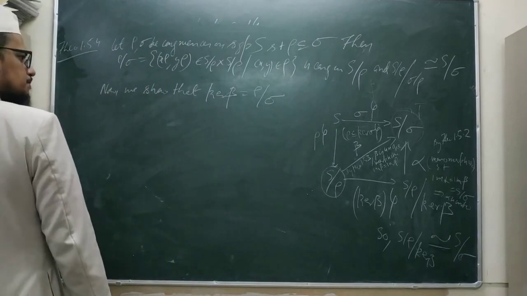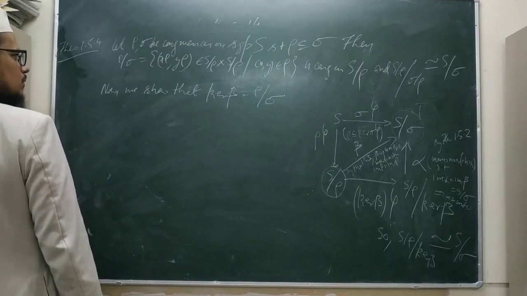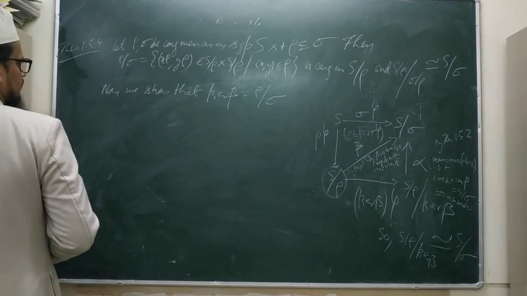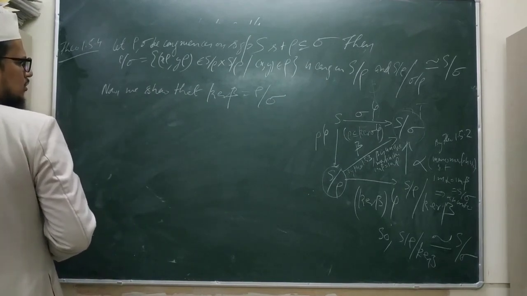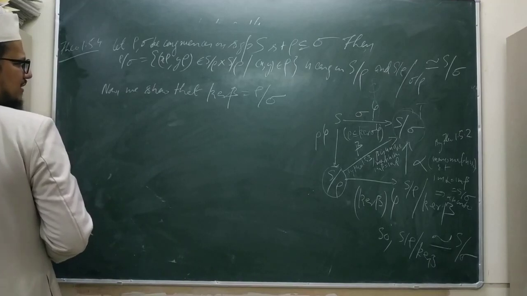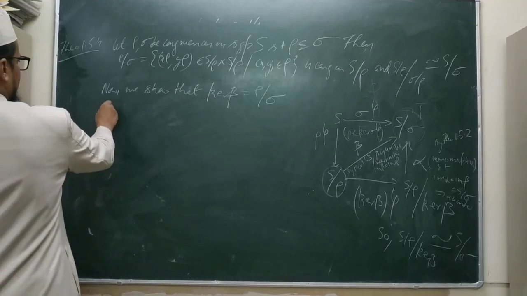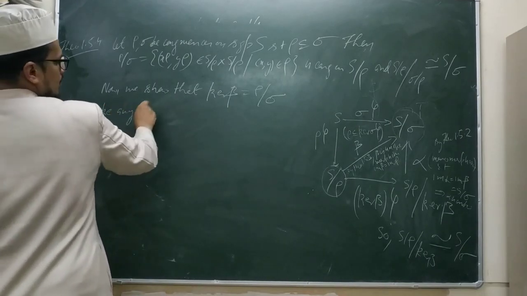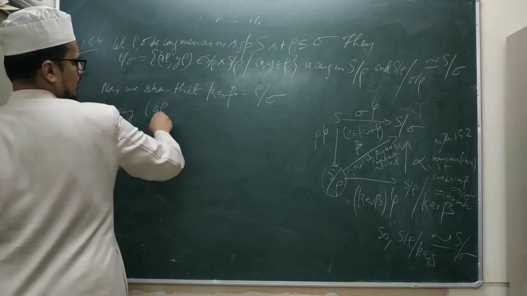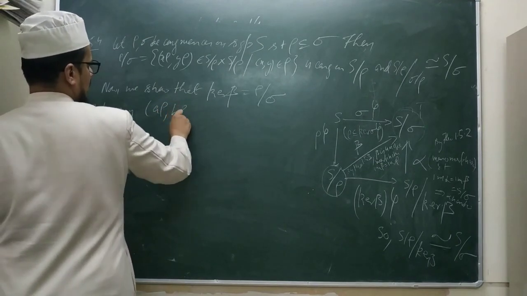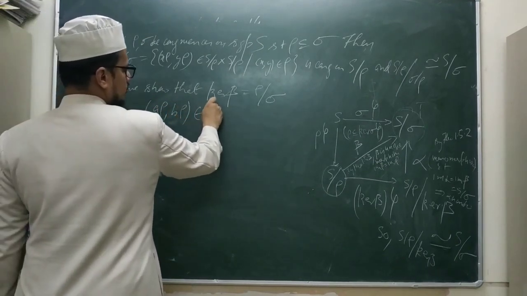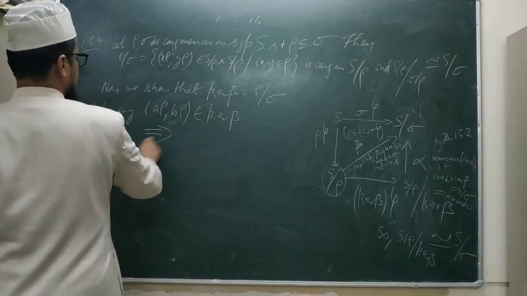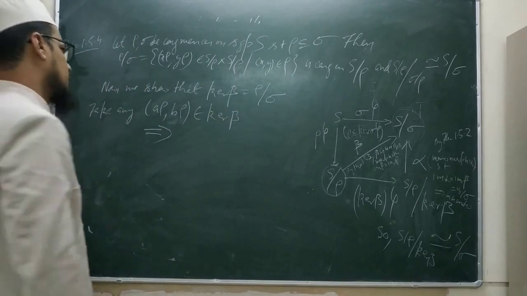Now you see, to prove this, of course, what kind of elements will kernel beta contain? Take any A rho comma B rho that belongs to kernel beta.